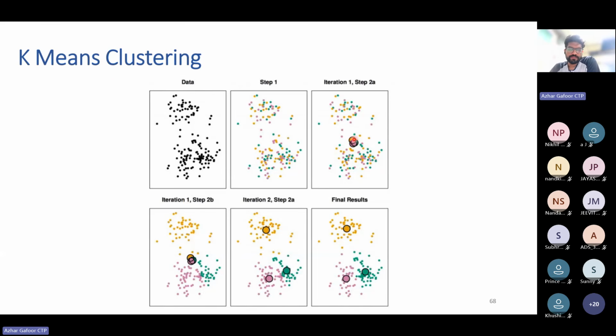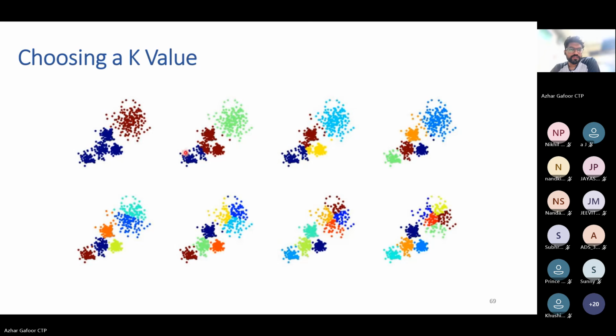Then we find the distance between each point and the centroid, and we reassign the data points so that the centroids are recalculated. On recalculating, the centroids move to different clusters. Again we repeat the step, and finally we will have the separated clusters. So this is how choosing different K values affects our clustering.